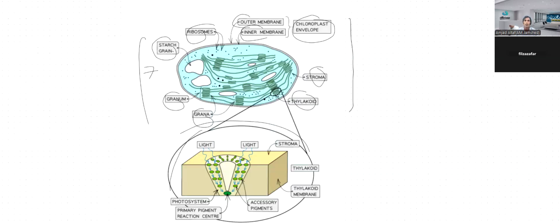So keep in mind, chloroplast is not present in animals. That's why we eat food from outside and break that food down inside our body to extract energy from it in the form of ATP.